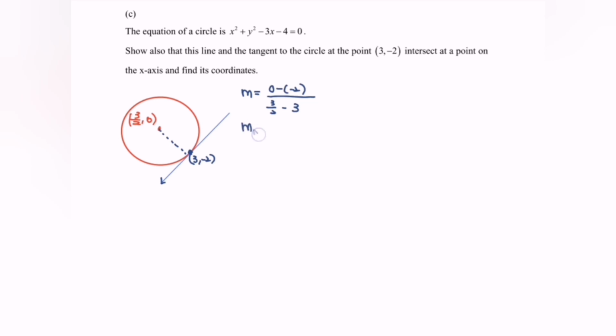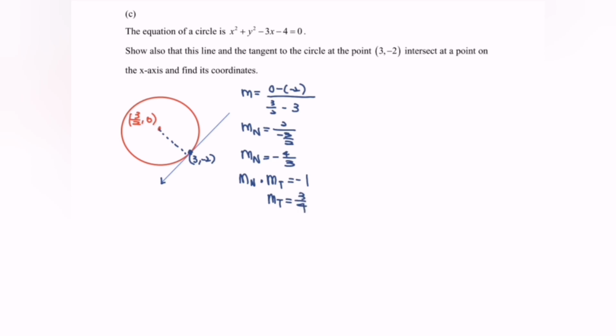So the gradient for the normal will be 2 over negative 3 over 2. If we simplify, the gradient for the normal will be equal to negative 4 over 3. Then we have to find the gradient for the tangent. As we all know, the gradient for the normal multiplied by the gradient for the tangent equals negative 1. So the gradient for the tangent will be equal to 3 over 4.